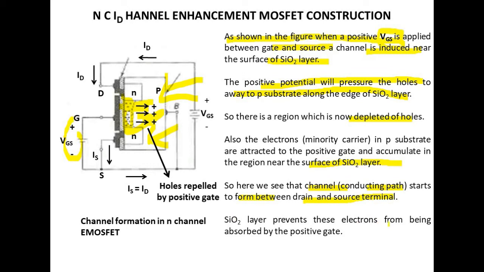SiO2 layer prevents these electrons from being absorbed by the positive gate. Because gate is positive, electrons may go in this direction, but this is the SiO2 layer which prevents these electrons from being absorbed in the plus gate.